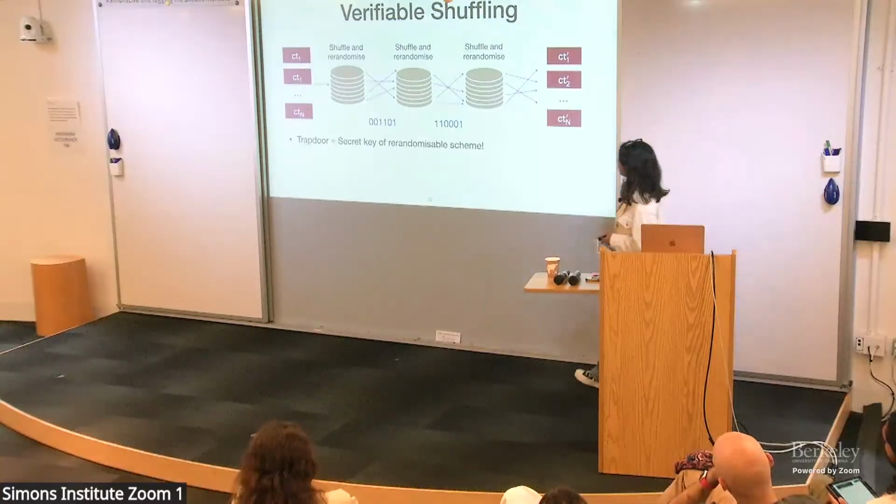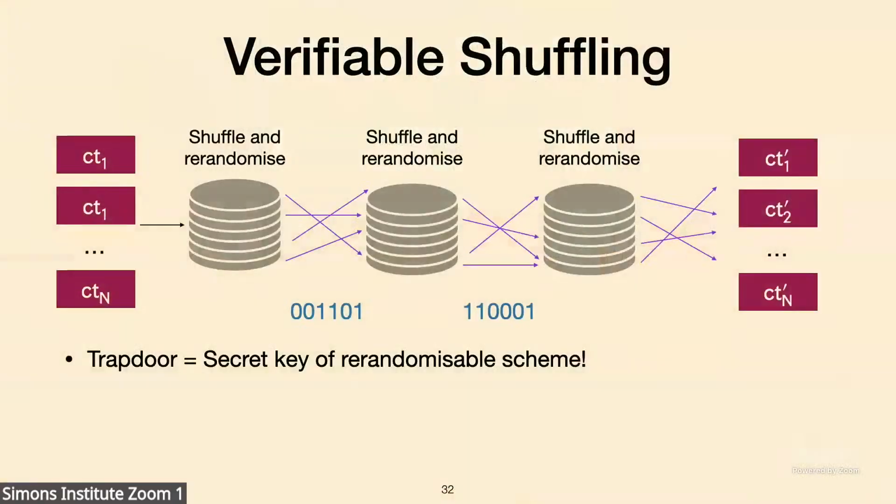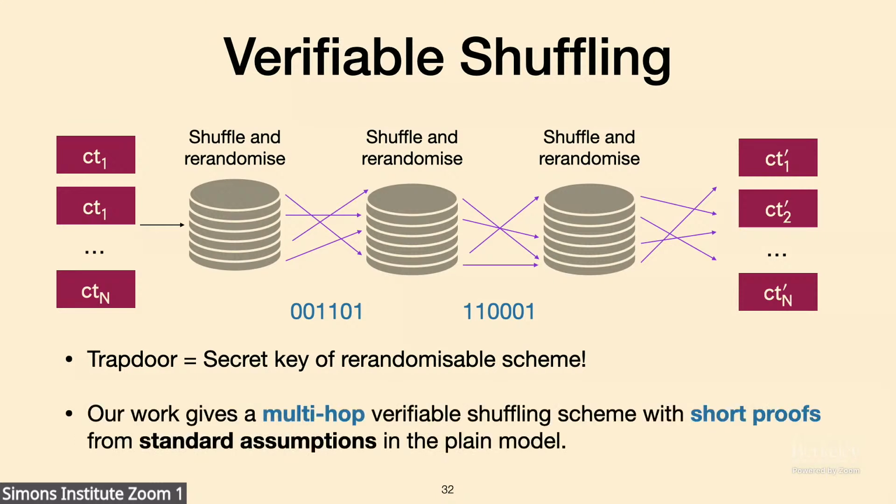Using this trapdoor, I can decrypt the ciphertext here and decrypt the ciphertext here. The hop would have been valid as long as this is a permutation of this. So there's a very efficient trapdoor that I can use to determine if any hop is valid, but you don't need this trapdoor when you generate the CRS. This actually gives the first multi-hop verifiable shuffling scheme with short proofs from standard assumptions.